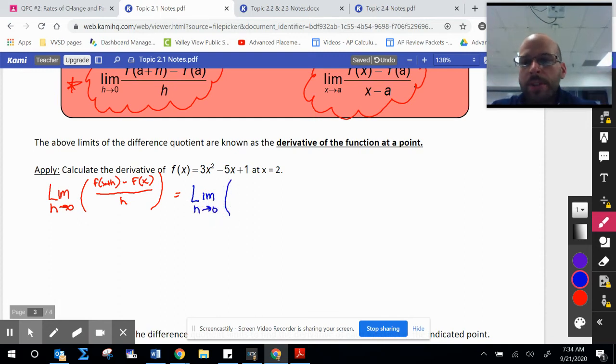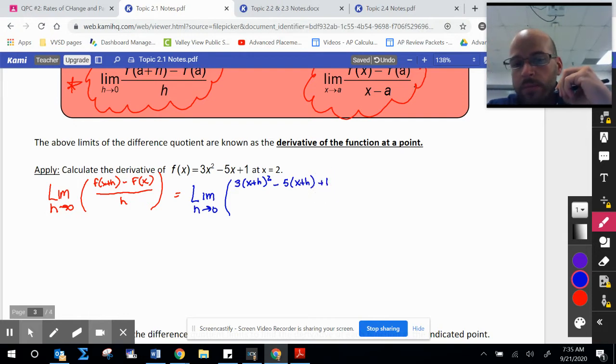Now, f of x plus h. Everywhere there's an x value, my input needs to change to an x plus h. So instead of 3x squared, it needs to be 3 times x plus h squared, minus 5 times x plus h, plus 1.